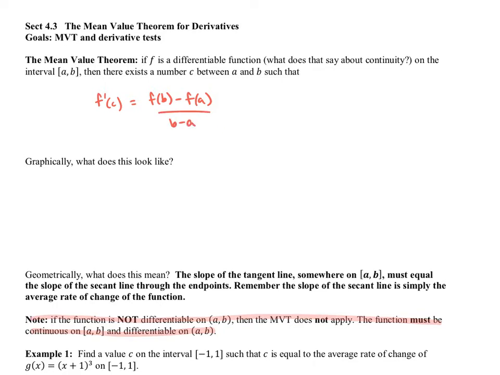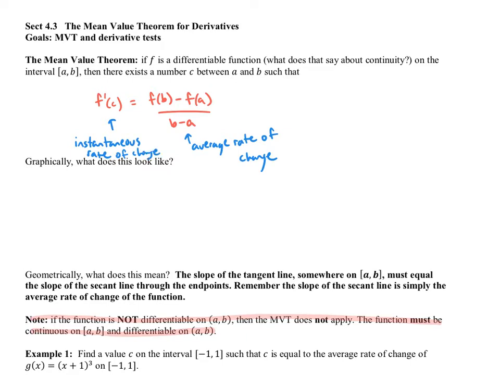What this really means is that the average rate of change is equal to the instantaneous rate of change, which is the derivative. So that is our mean value theorem.